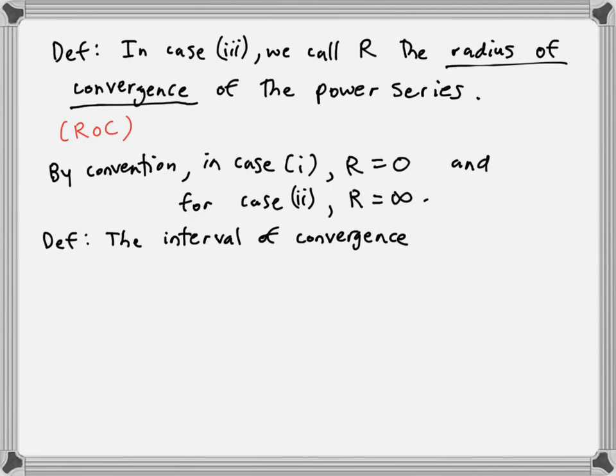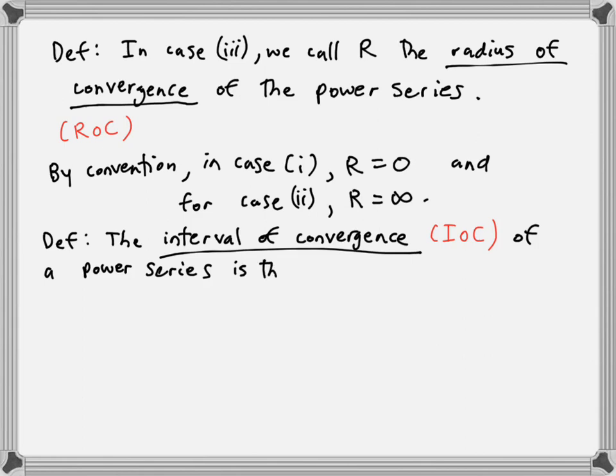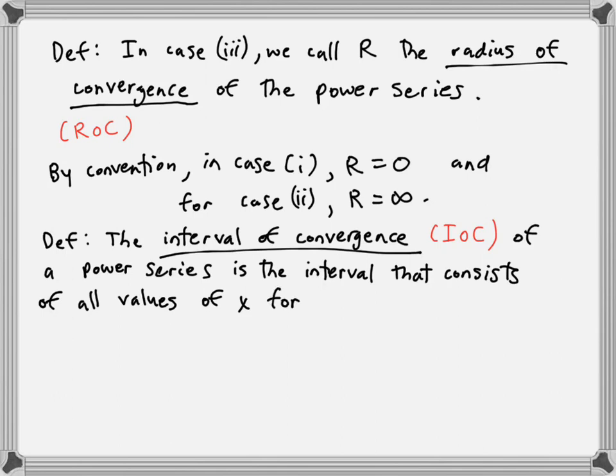So the interval of convergence, which we also abbreviate with IOC, of a power series, is the interval that consists of all values of x for which the series converges. Okay.